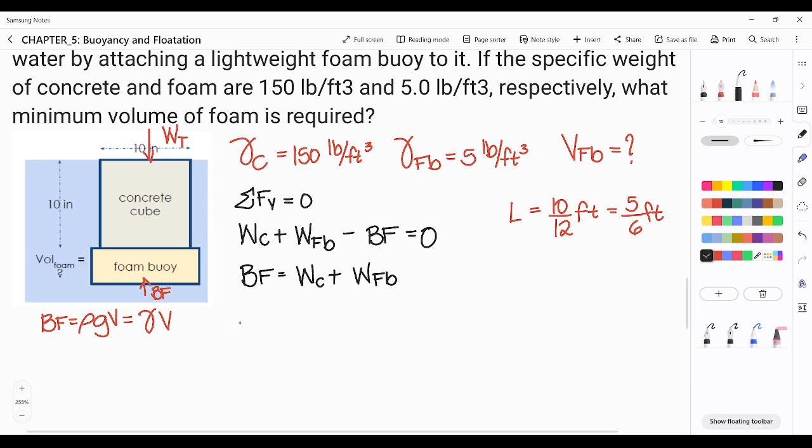From here, our buoyant force is equal to the gamma of the fluid. In this case, this is water. So we have the gamma of H2O times the volume displaced is equal to the weight ng ating concrete, which is specific weight ng concrete times volume ng concrete plus the specific weight naman ng ating foam buoy times the volume of our foam. Ayan.